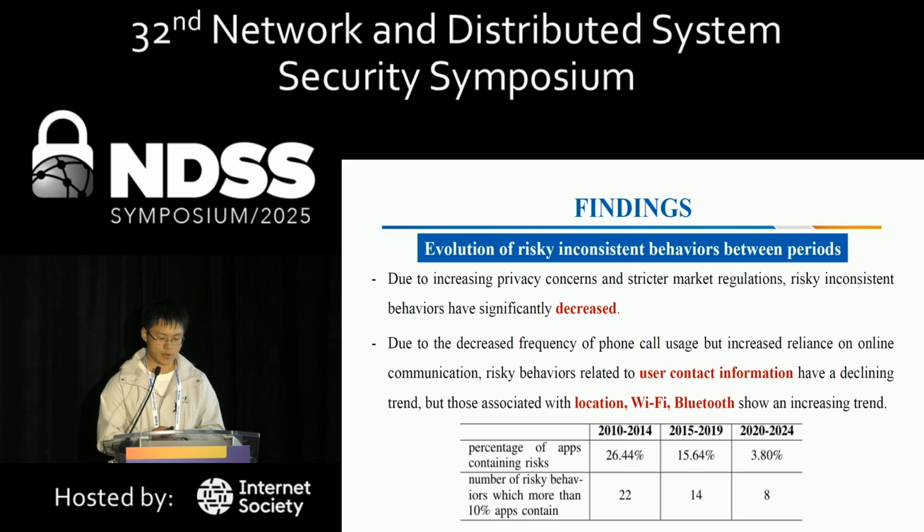Furthermore, we observe a declining trend in risky behaviors related to user content information, but an increasing trend in those associated with location, Wi-Fi, and Bluetooth. This shift may be due to the decreased frequency of phone call usage, rather than increased reliance on online communication today.